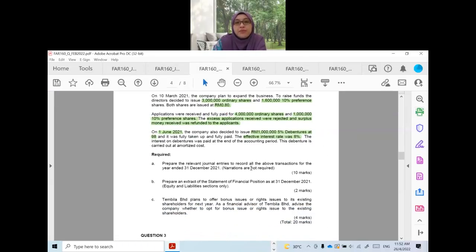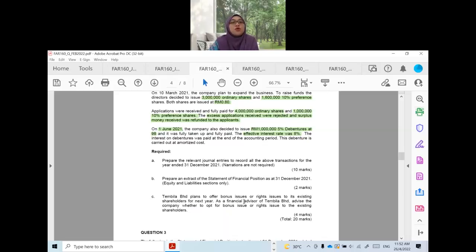Tembila Berhad plans to offer bonus issue or right issue to its existing shareholders. Do you still remember this lesson? What is bonus issue? What is right issue? Both are invitations to existing shareholders, right? But bonus issue is given for free, while right issue is given at a price lower than the market price.